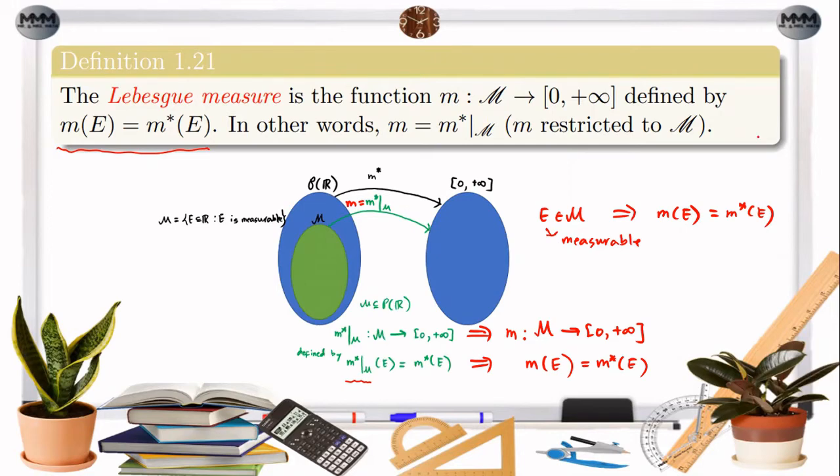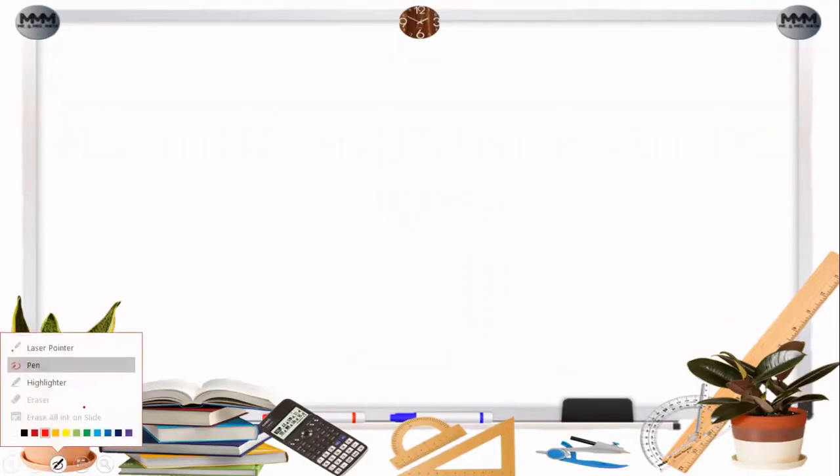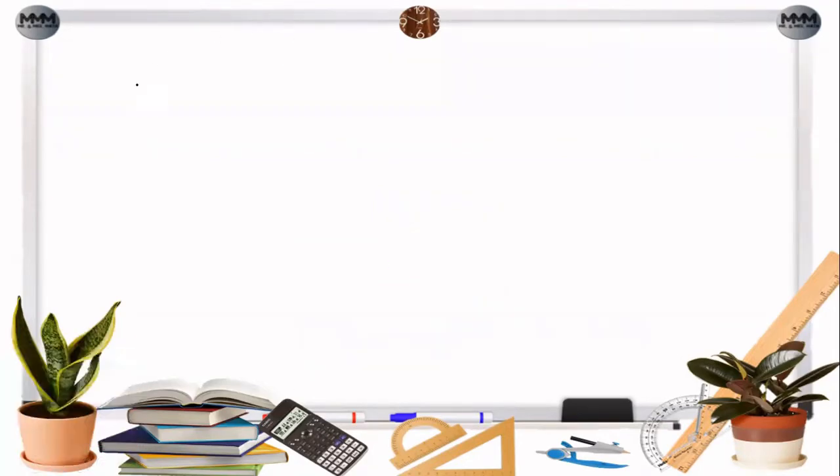Now let's consider an example. We let E be equal to the closed interval 2, 5. But first, we will show that this closed interval is measurable. Does it belong to the script M?